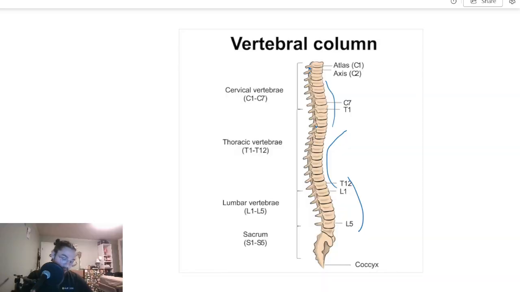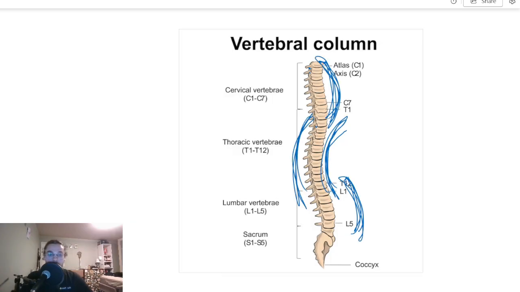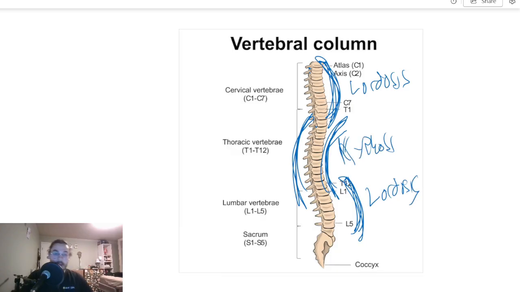All right, so this spine is kind of a little messed up, I think, here. It should actually be more like this, and then you have this protruding here, and then you've got this right here. All right, so you've got lordosis, and then you have kyphosis. All right, cool.